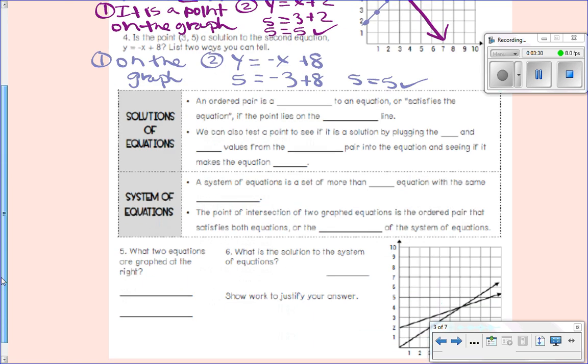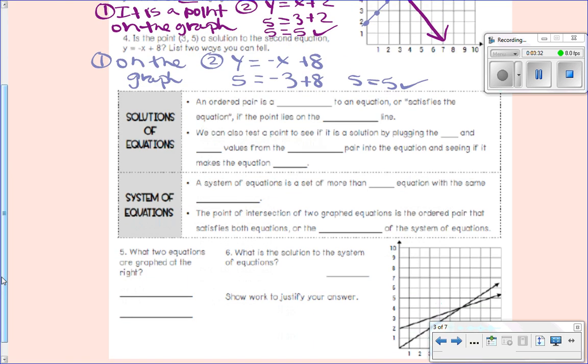Okay. Solutions of equations. An ordered pair is a solution to an equation, or satisfies the equation, if the point lies on the graphed line, like we saw above.